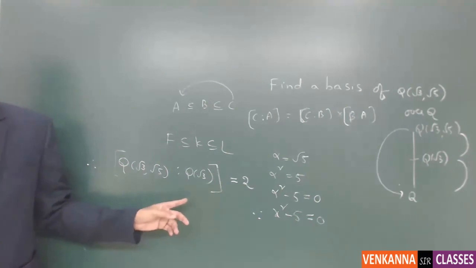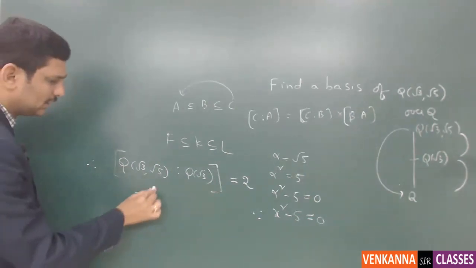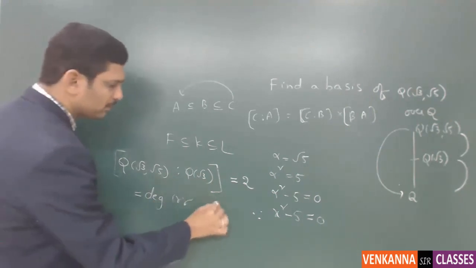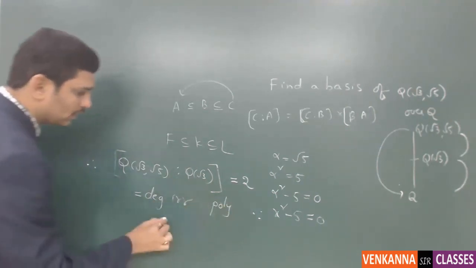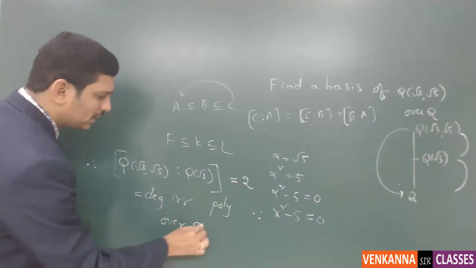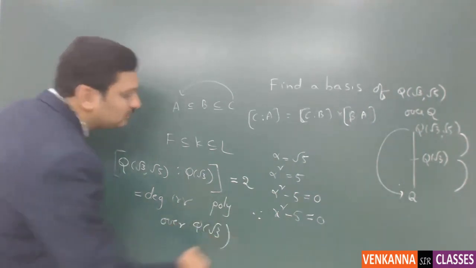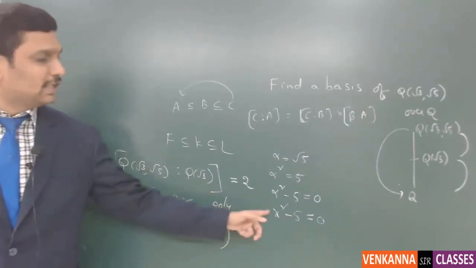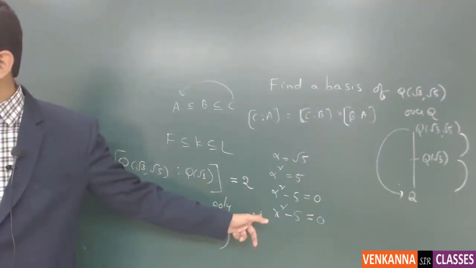How did this 2 come? It is nothing but the degree of the irreducible polynomial over Q of root 3, and this is that polynomial. And obviously we say that this polynomial is irreducible.